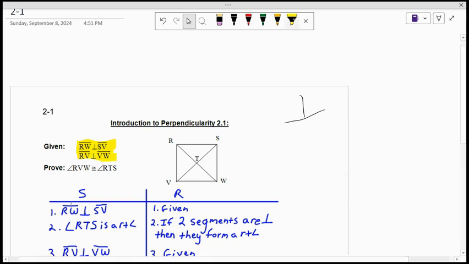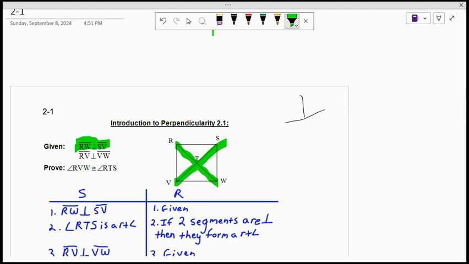So, just planning this proof out before we get to writing it. We'll start with RW and SV. Well, that is these two diagonals. With that, from saying perpendicular, we can get right angles.